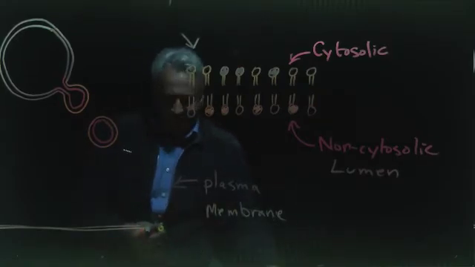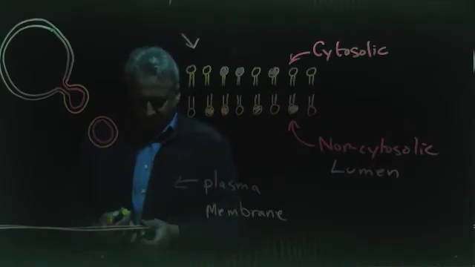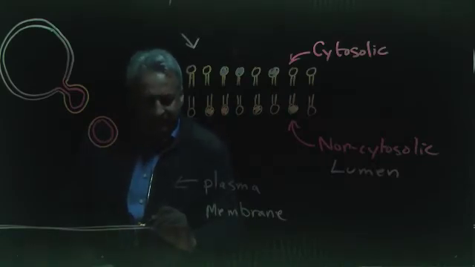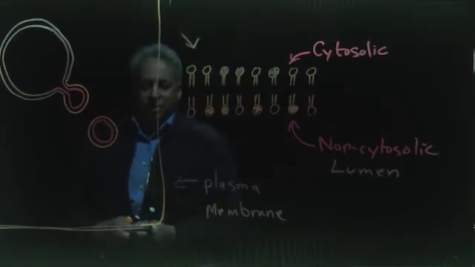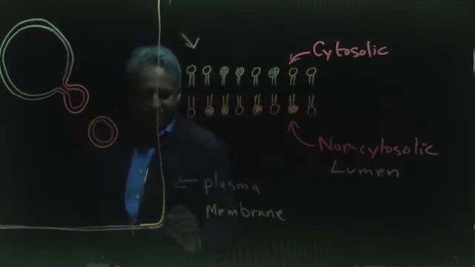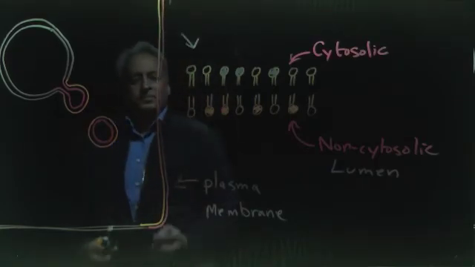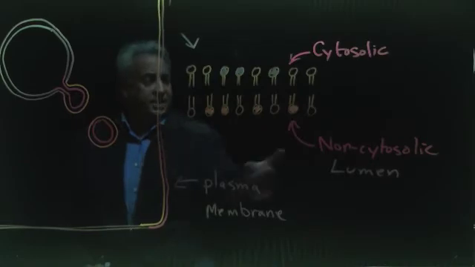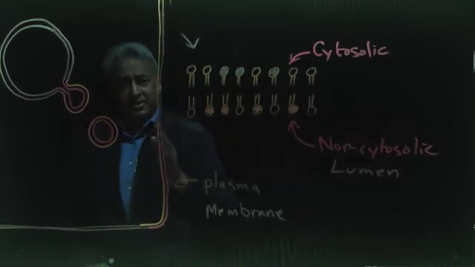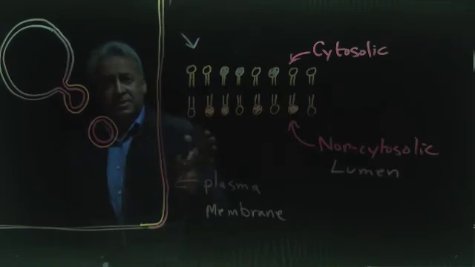The plasma membrane will be redrawn with one line to represent one leaflet, and we'll use the second line to represent the second leaflet. The one on the inside is again the cytosolic facing surface, and the one on the outside is, in this case, the non-cytosolic facing surface. In this case, it faces the extracellular environment around the cell.